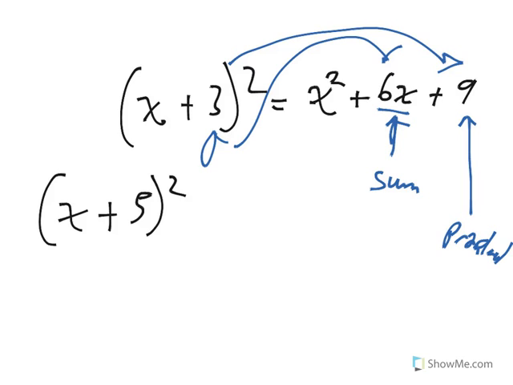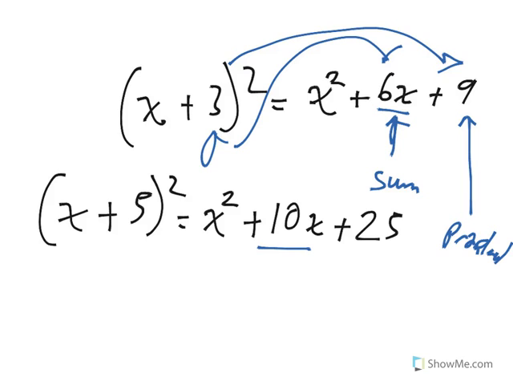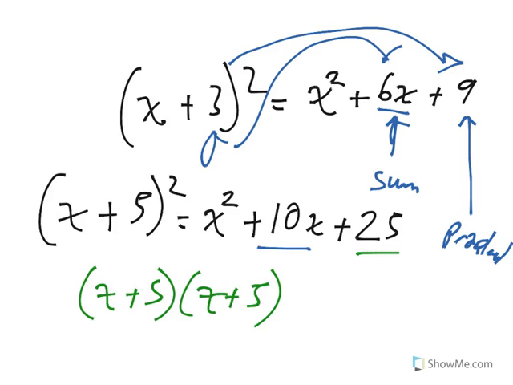We know that if we break it out, it's going to be x squared plus 10x plus 25. 10 is 5 plus 5. 25 is 5 times 5. Just have a look at the pattern. You do not need to know that. If you simply take x plus 5, and you do the math, you will get the same answer.